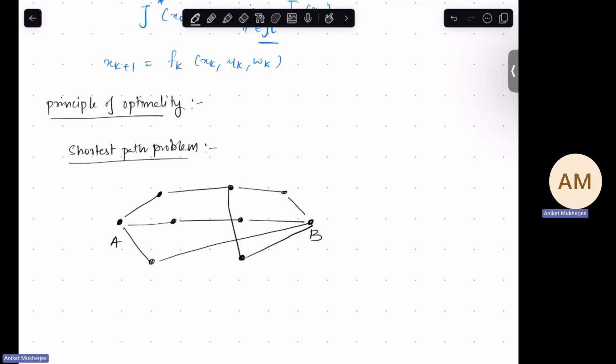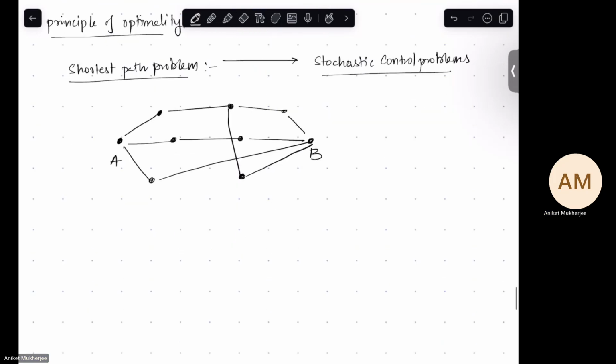Now these shortest path problems are pretty similar to your stochastic control problem. Because of the cost of travel. What is the cost of travel that you see? You can look at it as distance.